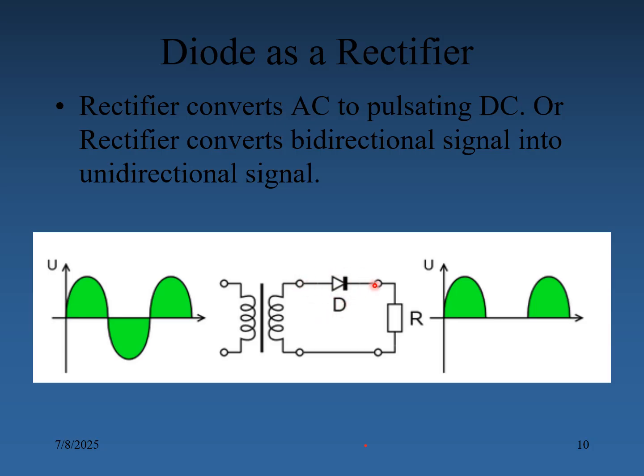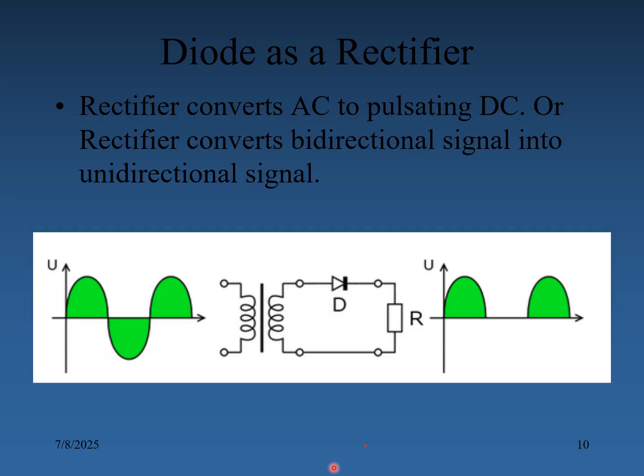Forward bias means short circuit. Whatever voltage we apply as input, the same is applied across the resistor, and we are taking output across the resistor. So we get the output same as the input.